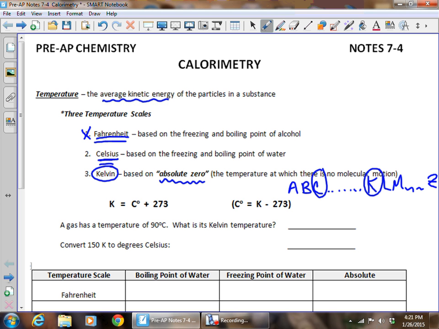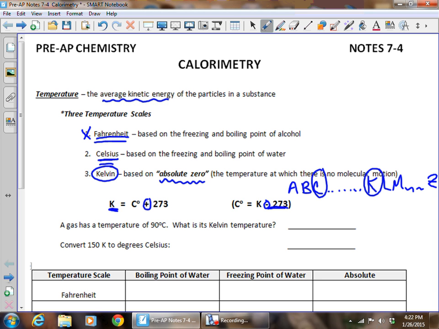So when you're trying to find Kelvin, it's always going to be bigger than Celsius, so you're always going to add the 273. If you're trying to find Celsius, Celsius is always smaller than Kelvin. So if you're given Kelvin, you're going to subtract 273 to get to the degrees Celsius. So that's the way we convert for our temperatures.